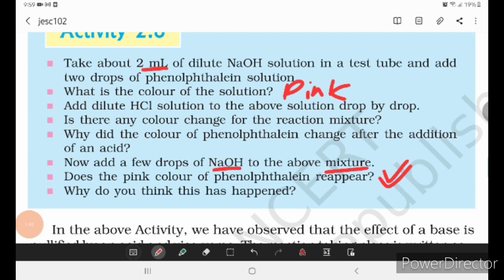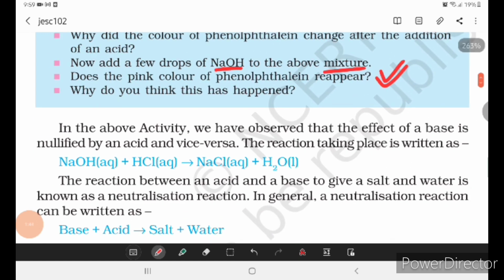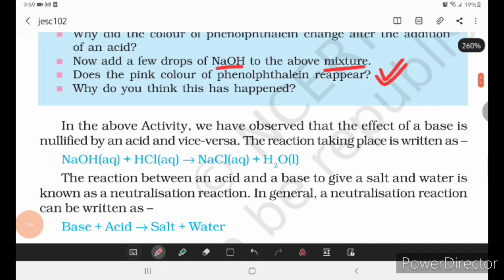This can be investigated by the text given below. In the above activity, we observe that the effect of a base is nullified by an acid and vice versa. The reaction taking place is written as follows. In the first part of the video, we discussed that among lemon juice, vinegar and baking soda solution, the one that helps nullify the action of excess acid in the stomach is baking soda solution.